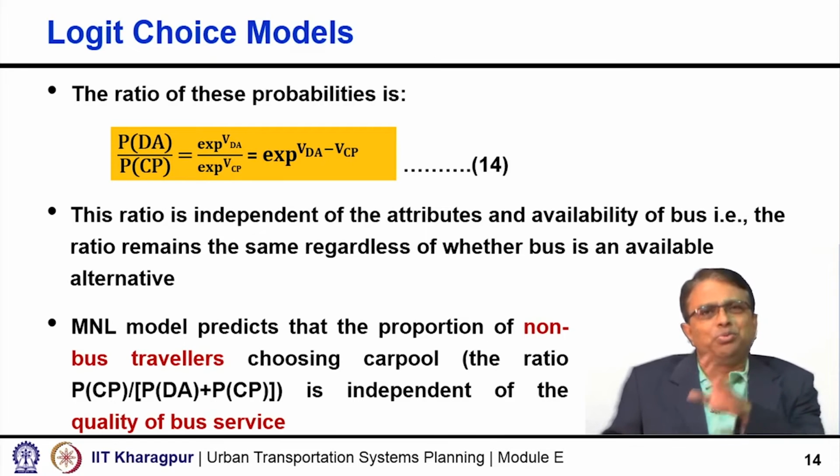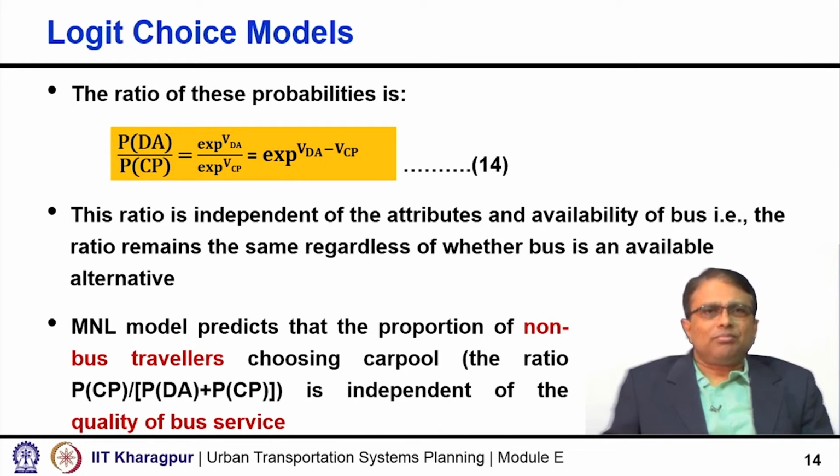Any third, fourth, fifth alternative, even if present, irrespective of their values, this ratio remains unchanged. As long as DA and CP do not change, whatever you change for the bus, and even if there were a fourth, fifth, sixth alternative, any change happening anywhere, these 2 ratios are not going to change.